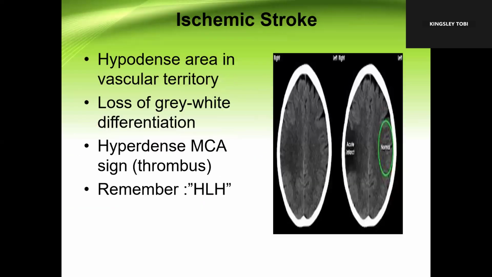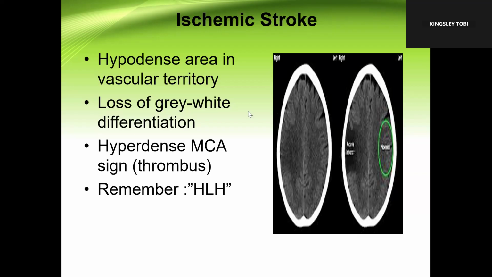All right, so this is just to show you. Now, let's look at the ischemic stroke. We mentioned it in the first, was it the second case scenario or the first one? So you have a brain CT of a 55-year-old patient, hypertensive, with some neurological deficit, and you order a brain CT.